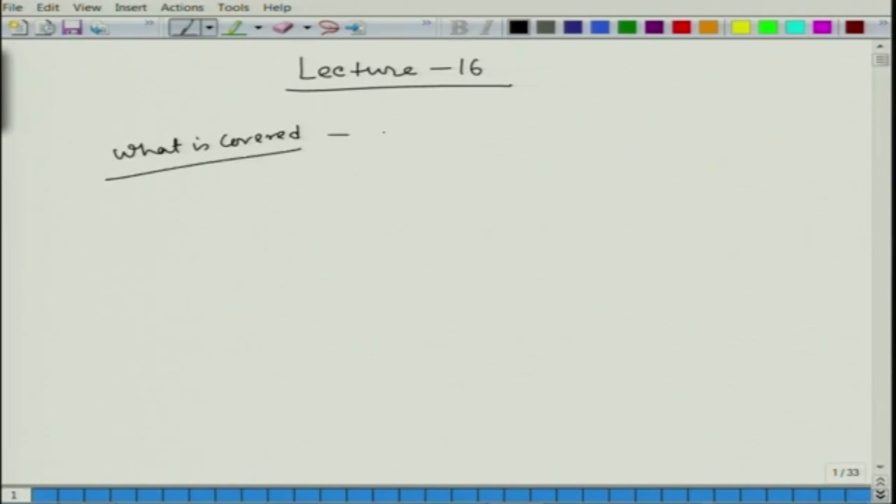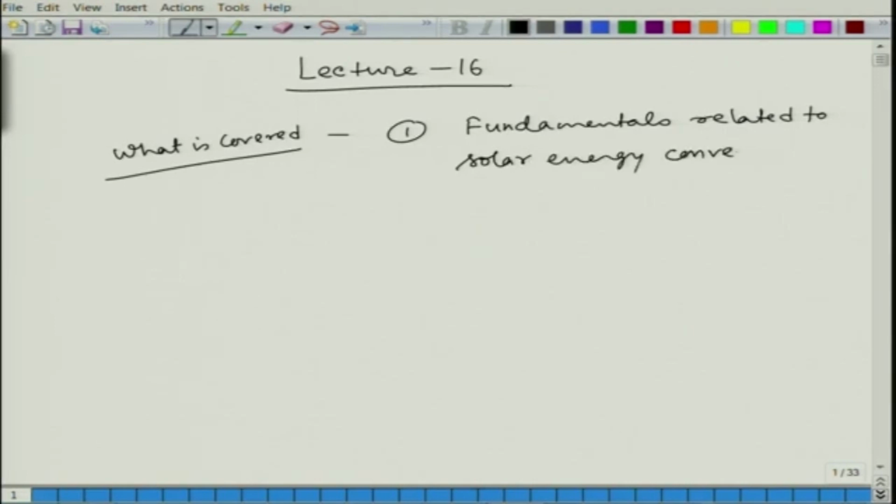So, today here we are at lecture number 16. So, what is covered so far? That is the fundamentals related to solar energy conversion. Okay.